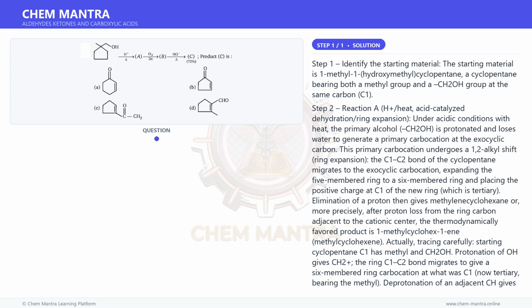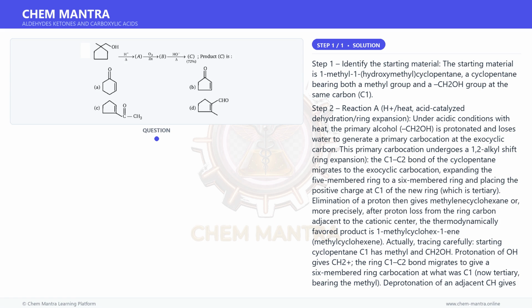Actually, tracing carefully, the starting cyclopentane C1 has methyl and CH2OH. Protonation gives CH2+, the ring C1-C2 bond migrates to give a 6-membered ring carbocation at what was C1, now tertiary, bearing the methyl. Deprotonation of an adjacent CH gives 1-methylcyclohexene, a 6-membered ring with a trisubstituted double bond between C1, bearing methyl, and C2.